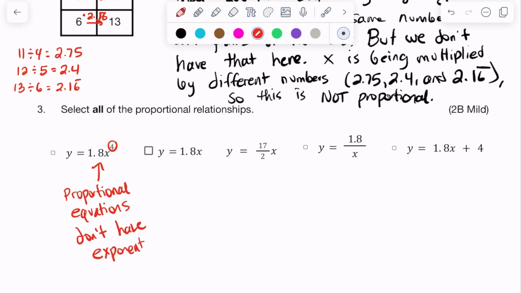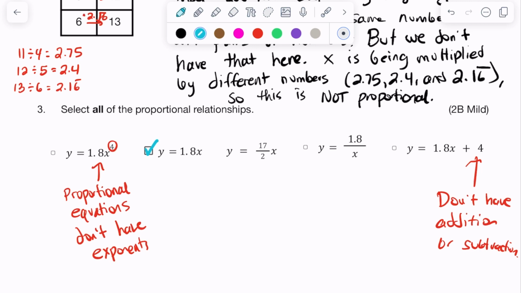We also know that proportional relationships don't have addition or subtraction. For a proportional relationship, just like I wrote above, you multiply x, or some quantity, by some constant number, and that gives you y. So this here, that's going to be proportional.